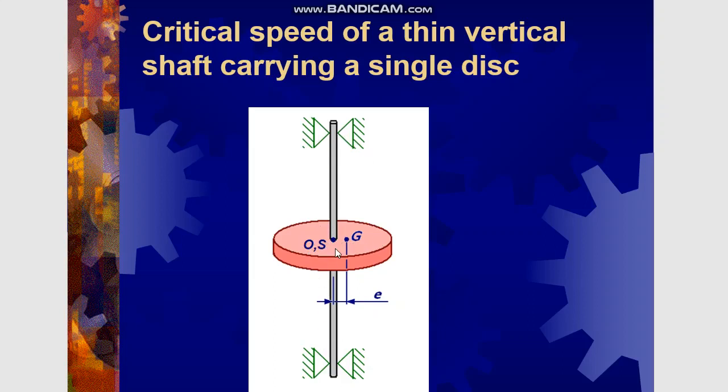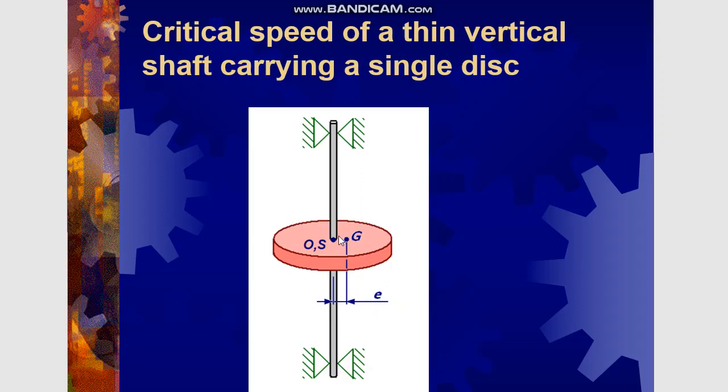Now, as this disc begins to rotate, there will be some net centrifugal force acting in the rightward direction here, and the magnitude of that centrifugal force in the beginning will be given by mass of the disc m multiplied by this eccentricity e into square of the angular velocity.